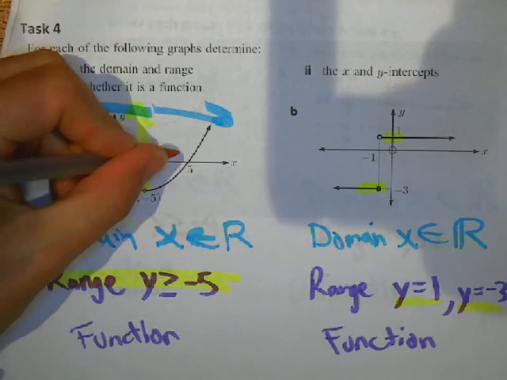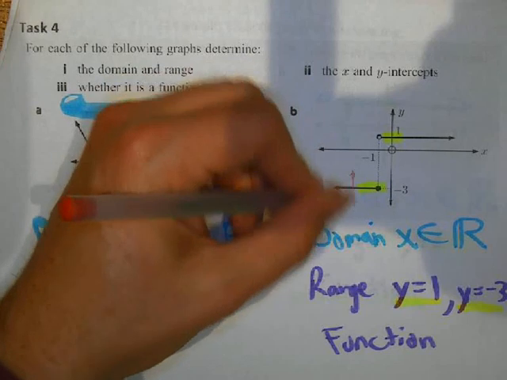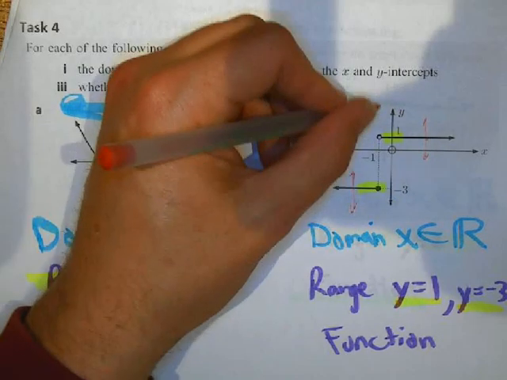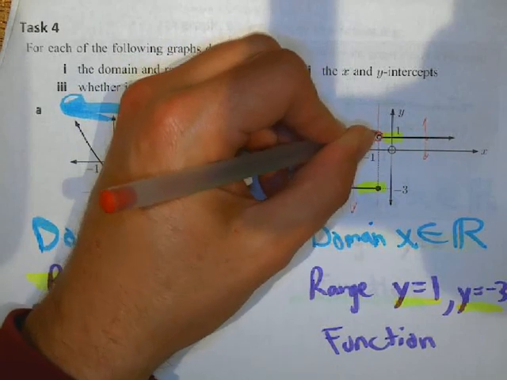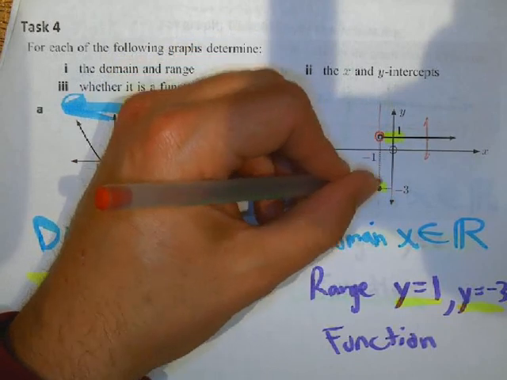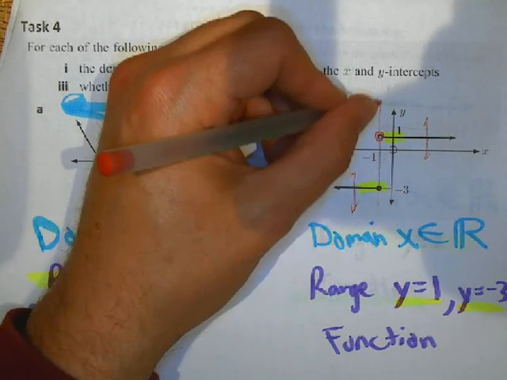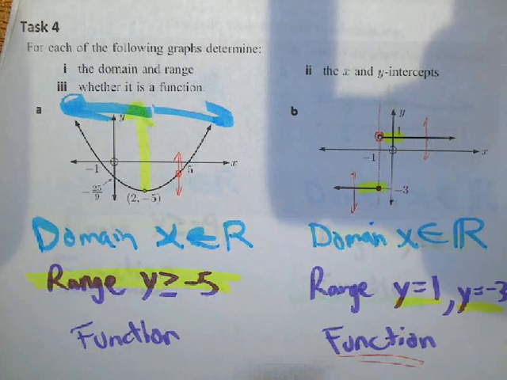If I do a vertical line test, it only goes through once. And even right here, where you see this open circle, that means a hole. So I get to that point and it doesn't actually cut through. But I've got a solid dot here. So even if I drew a vertical line here, it still only goes through one spot. So that still is a function.